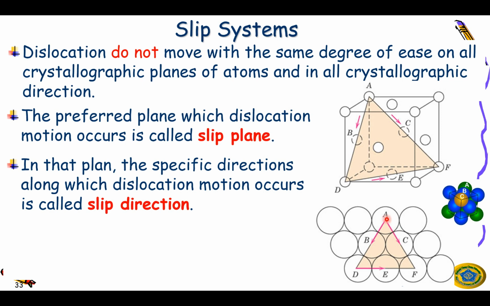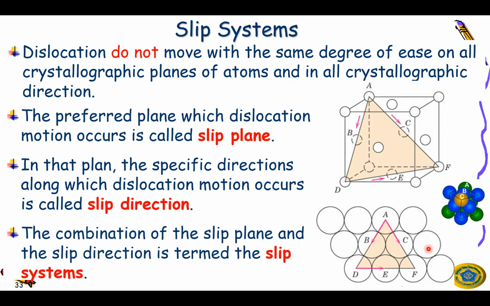This planar density is highest, and you go in this direction because the linear density is the highest. This is not the highest linear density because there's space. This is not the highest direction because this is not close packed. The combination of the slip plane and the slip direction is termed the slip system. Please remember this.